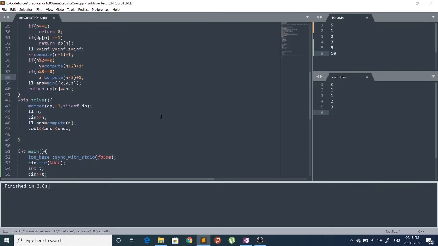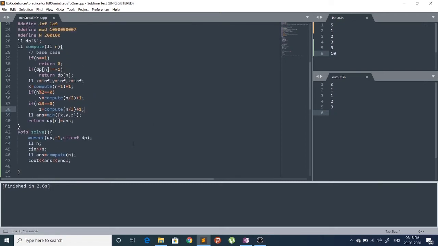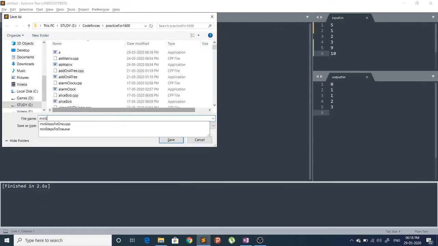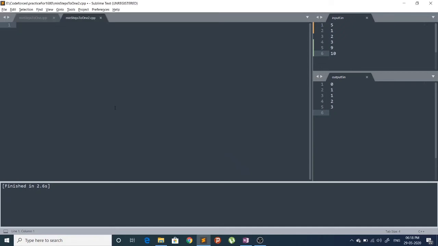Okay, now let's implement the bottom up approach. Okay, so I'll just make a new file. Let's give it a 2.